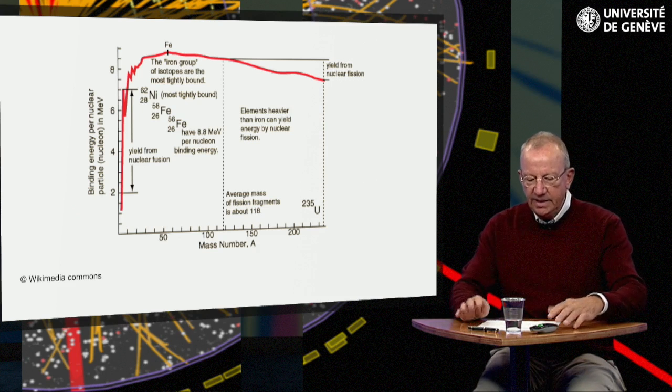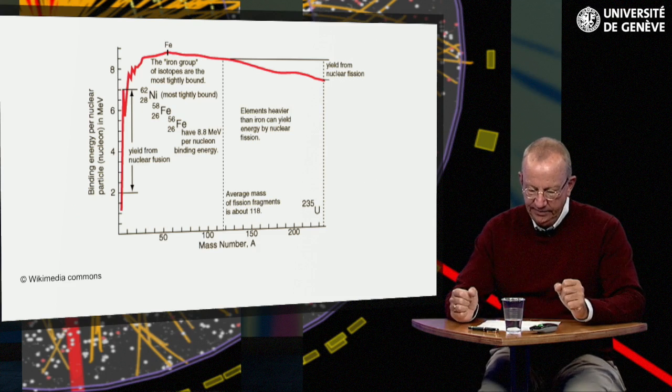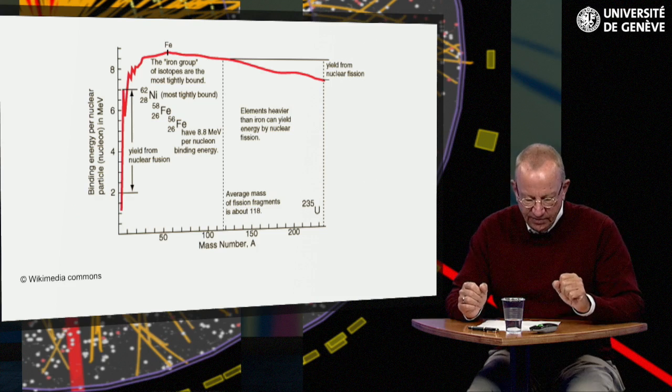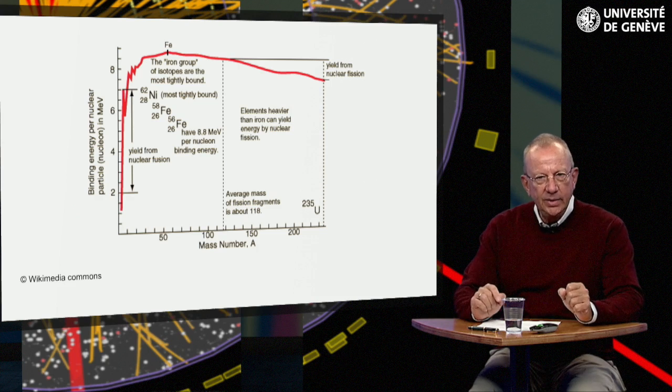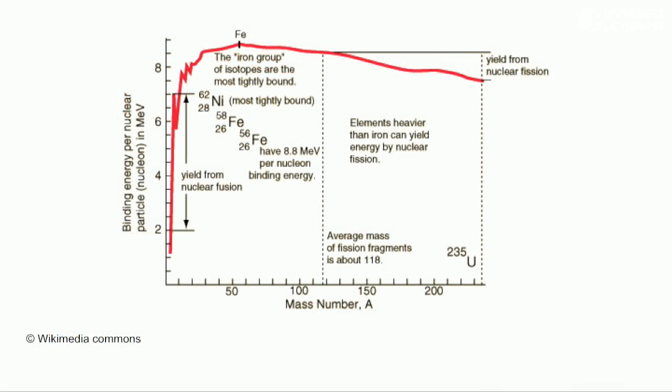When one analyzes the dependence of the binding energy delta M per nucleon A on the mass number A, one notices the following. For A less than 20, on the left side of this graph, delta M over A oscillates but rises rapidly with increasing A. For A between 20 and 60, delta M over A saturates.